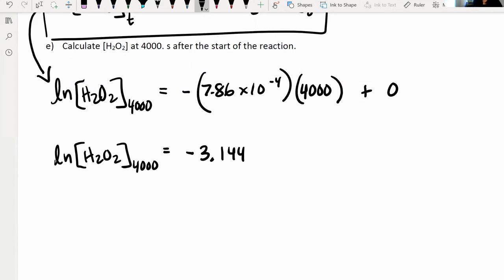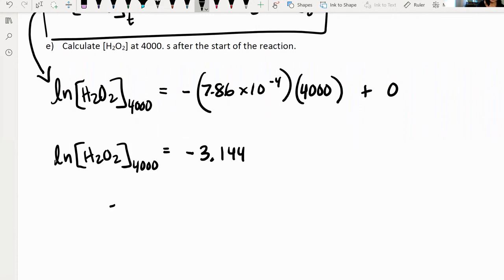They don't want the answer for natural log of concentration. They want the answer for concentration. So those of you who are familiar with logs, you might be able to help us out here. What is the base of natural log? That's right, e. Natural log has base e.